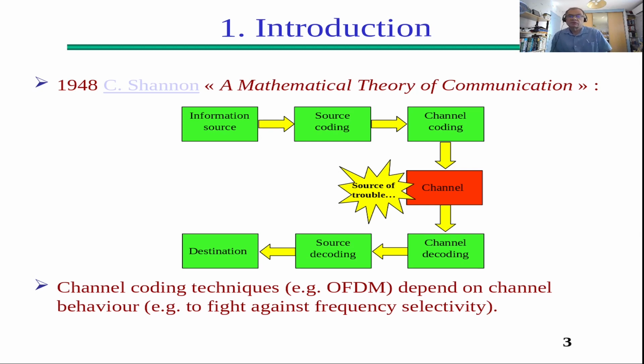So these channel coding techniques are not chosen at random or for the pleasure of the digital communication engineer, but because the channel imposes it. So as an example, if you've got a channel that's got frequency selectivity, you'll use a technique like OFDM.